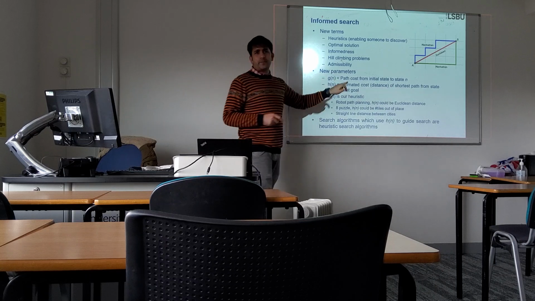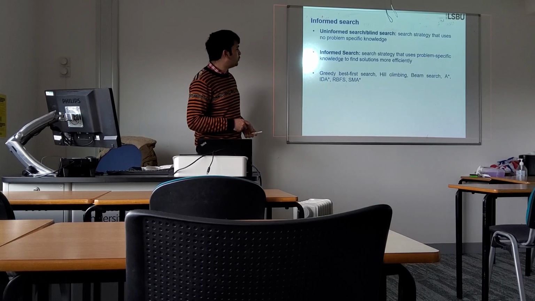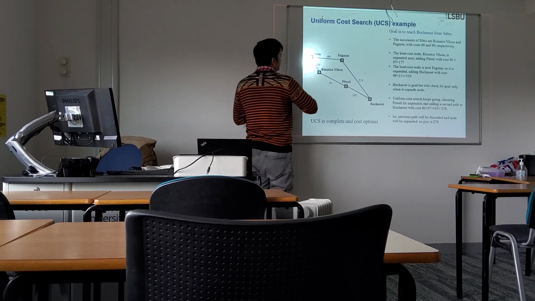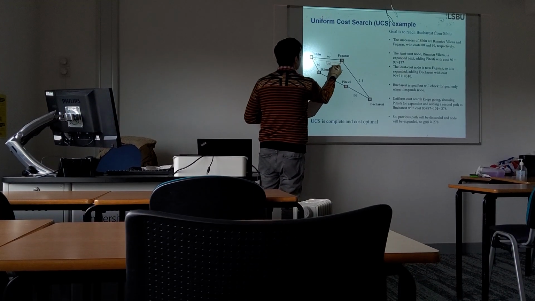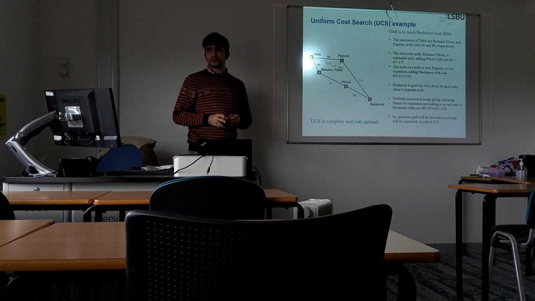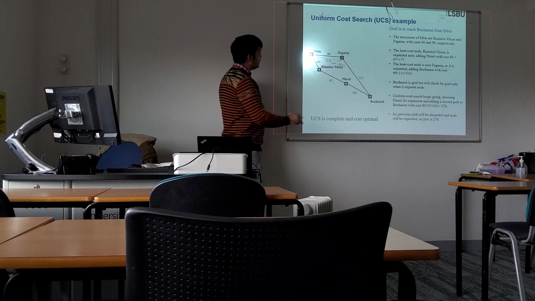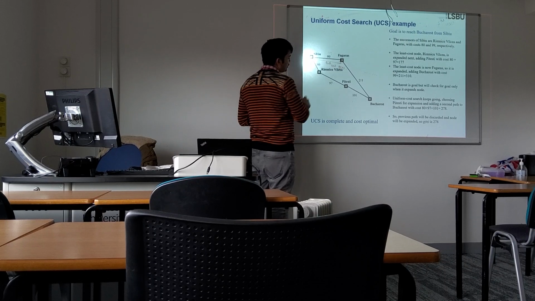So let's introduce some new factors. G of n, you all already know. What is G of n? G of n is the path cost. Actually, it is not between two nodes.